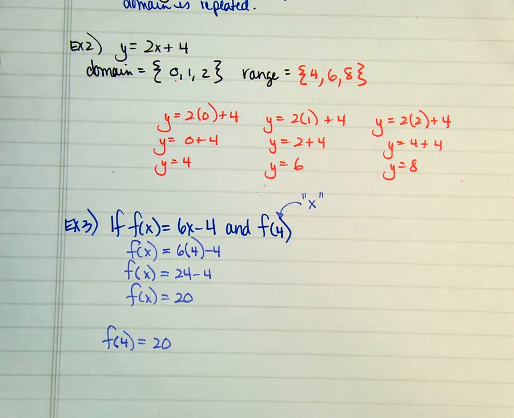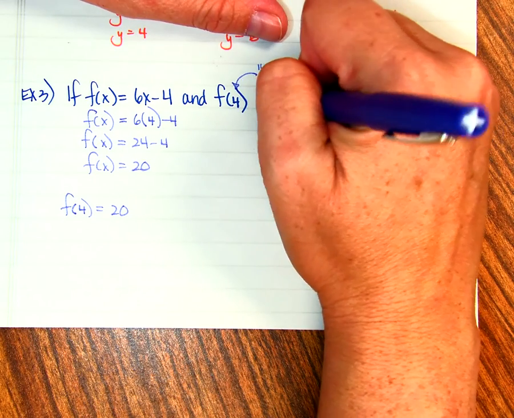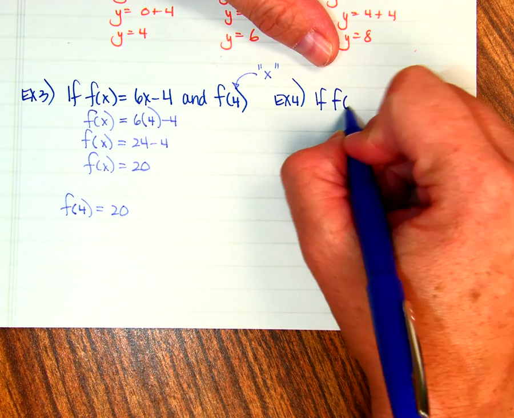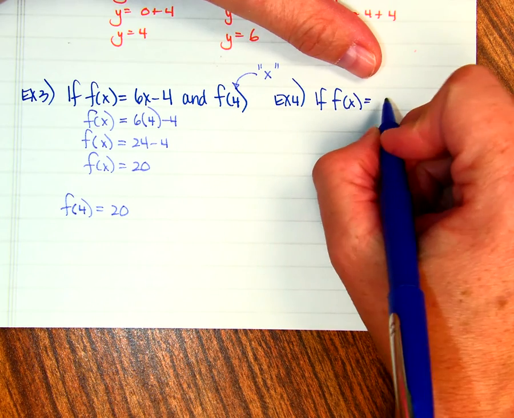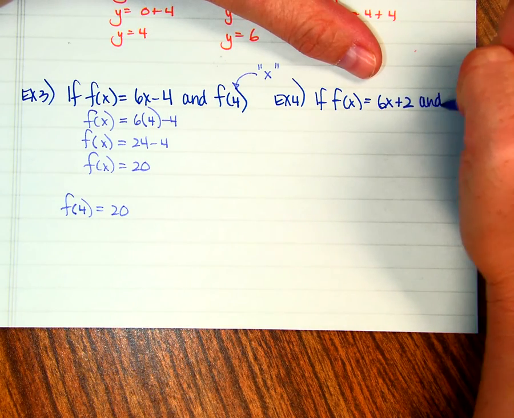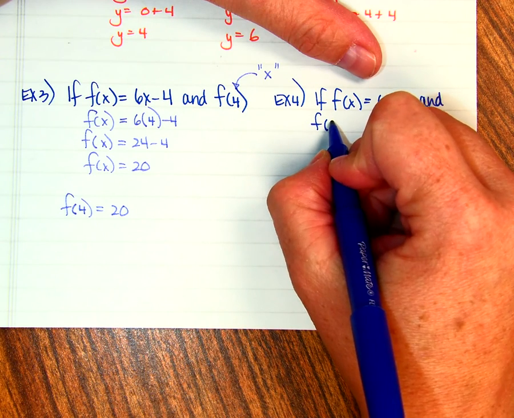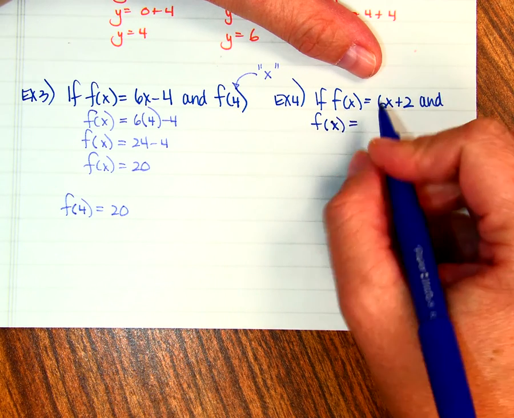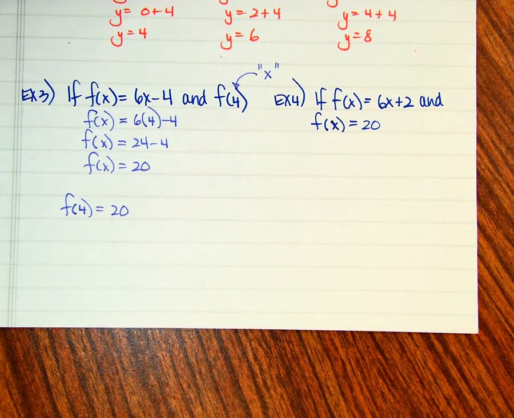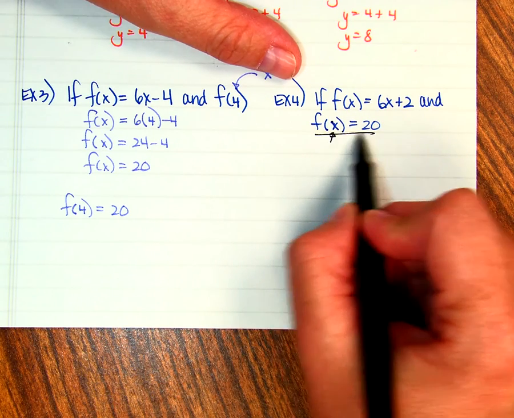We're going to go backwards now for example 4. If f of x equals 6x plus 2, and I tell you that f of x equals 20, notice that I'm not giving you this number. I'm giving you the end value.